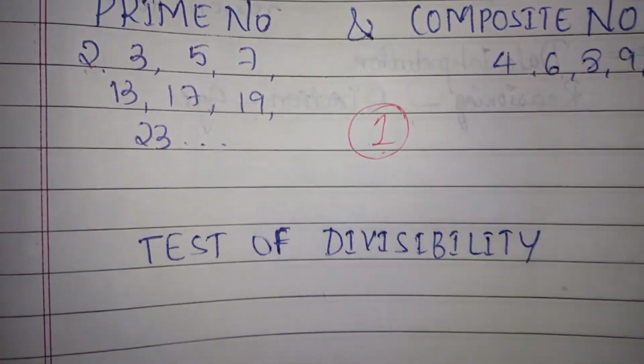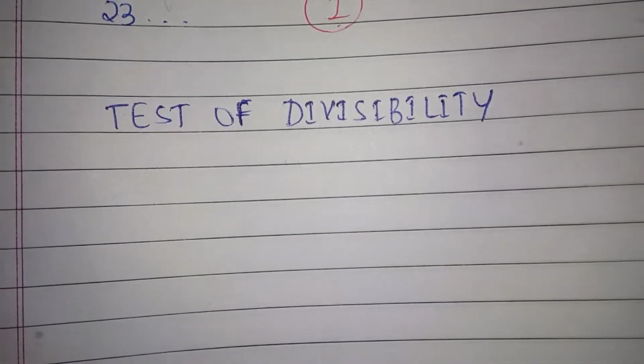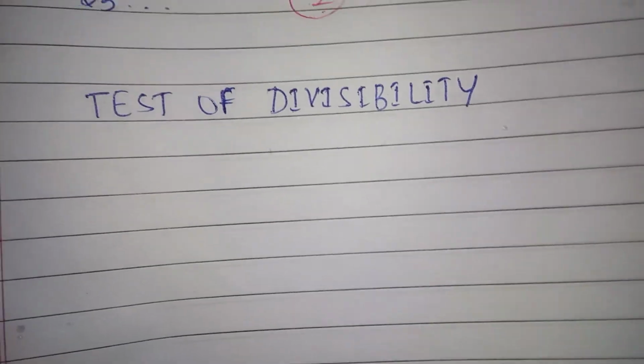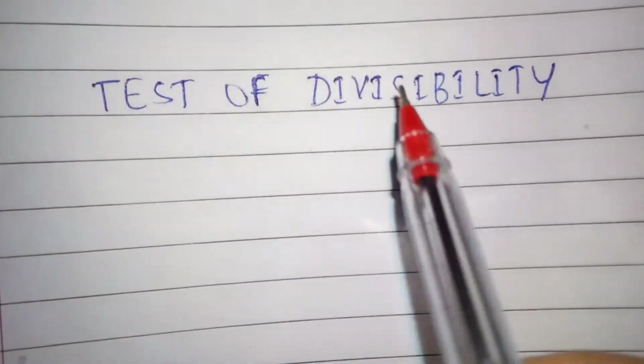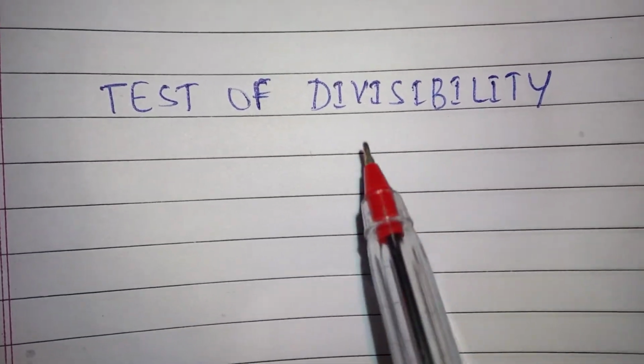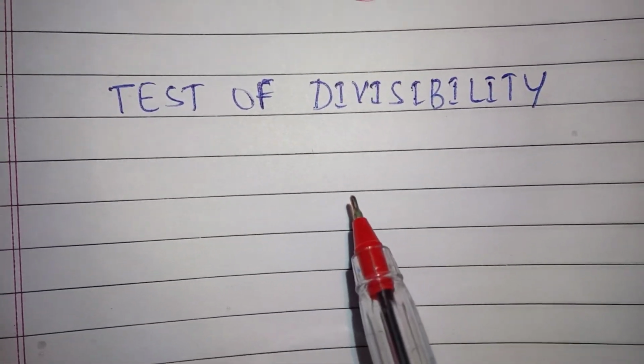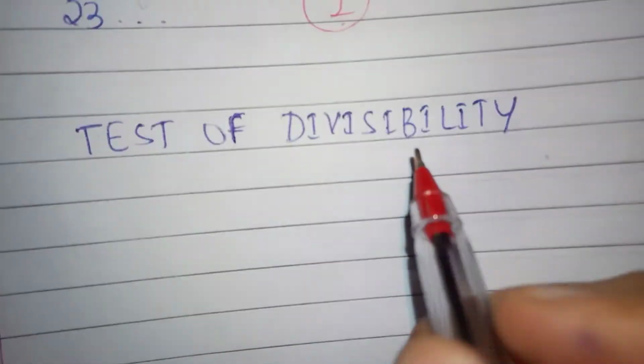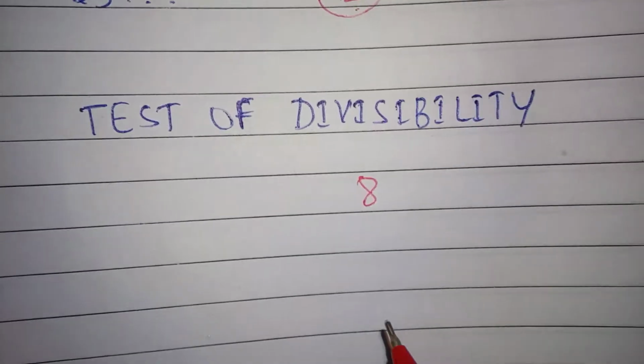Let's move to the next topic, that is test of divisibility. To know whether a number is divisible or not, you will do the division method. Let's take 8 as an example.